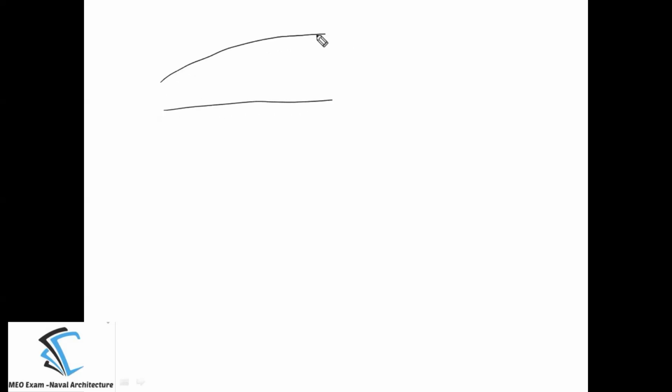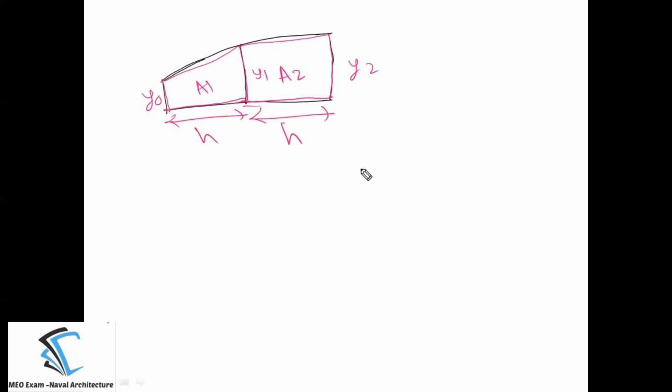So you have a trapezoid here. A1, this is A2, y0, y1, y2, and the spacing between each coordinate is h. Now I will use the trapezoidal rule here to calculate the total area.